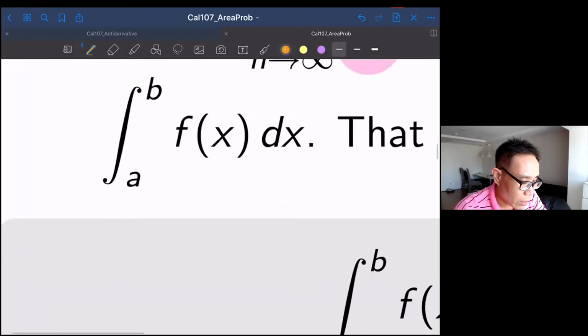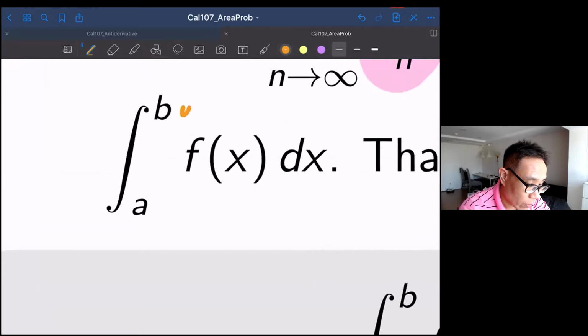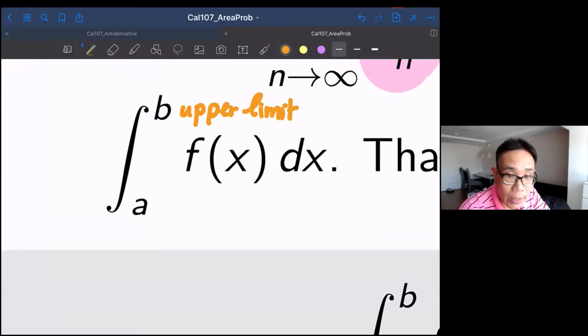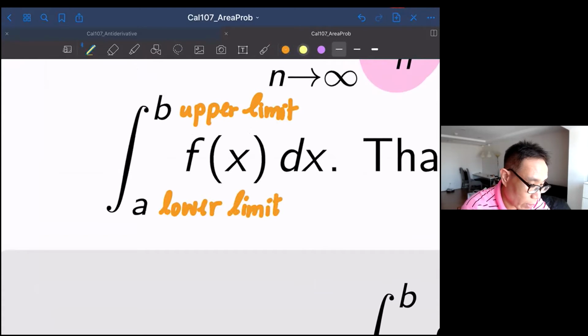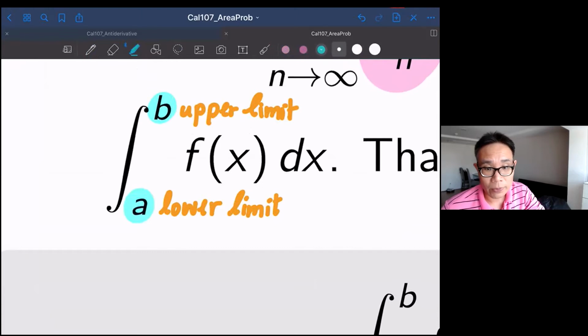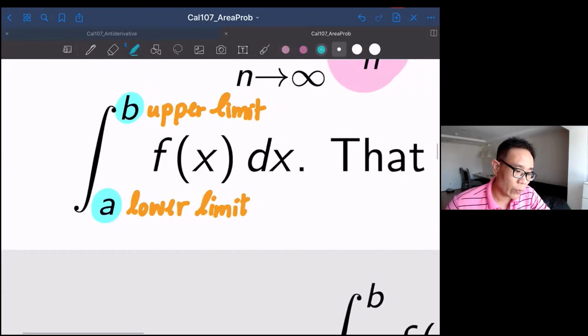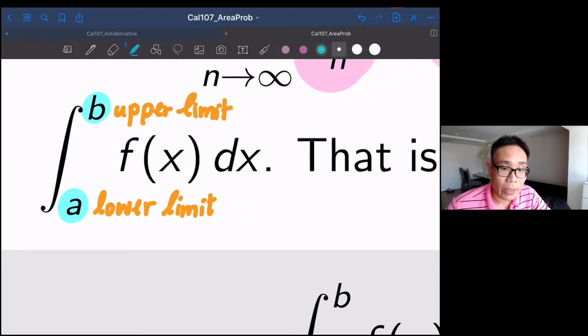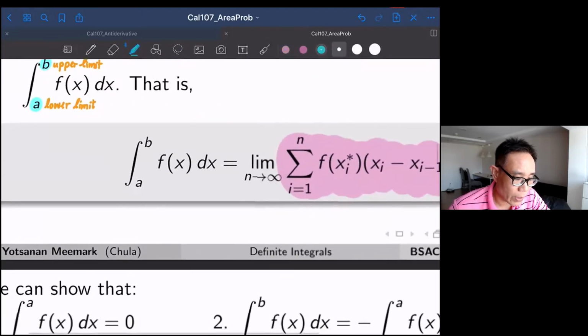The top one is called the upper limit, and the bottom one is called the lower limit, respectively. And when we read this, we read it from a to b, and this will be the area.